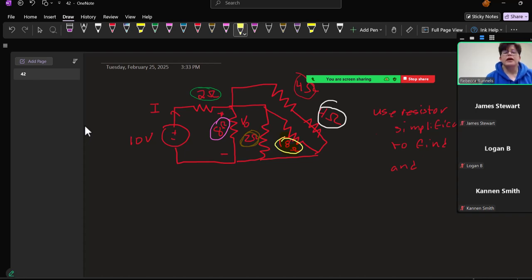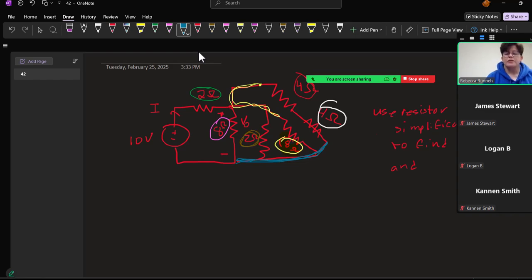If I look at this, the top end of this resistor and the top end of all of the other resistors, they're all connected without an element in between. And if I look at the bottom end of all of them, they're all connected without another resistor in between. That means they're all in parallel.